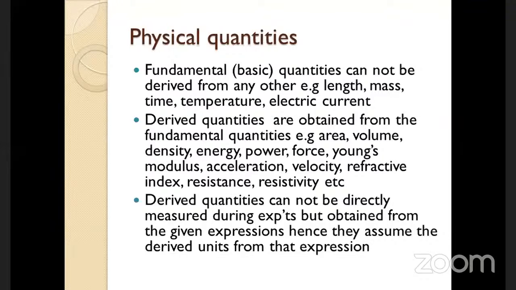Derived quantities cannot be directly measured in experiments, but they are obtained from given expressions. Hence, they assume the derived units from that expression. An example is how we determine acceleration due to gravity in experiments in mechanics. It all starts from measurements of lengths and using certain masses, and it ends up giving us the value of the acceleration due to gravity.